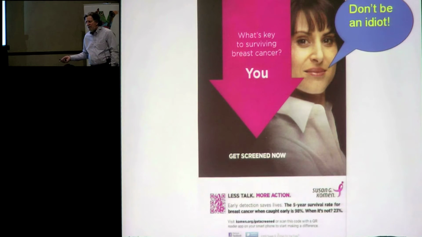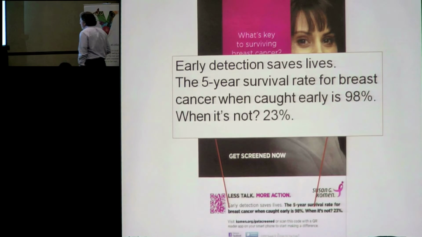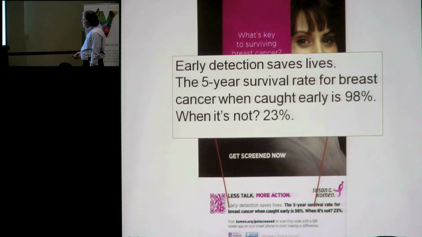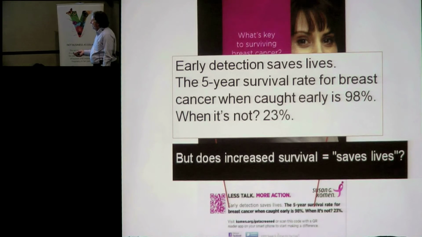In other words, it's not a choice. You're an idiot if you don't do this. It should be a mandate. And there's the figure that they emphasize. 5-year survival rate is 98% when caught early. When it's not caught early, 23%. Well, they're much smarter than I am, and so they help us look more closely at this. Does increased survival rate mean saves lives?